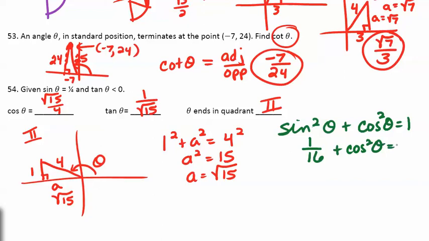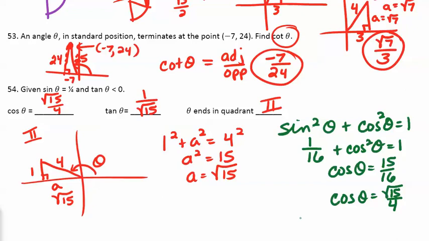So do you see what I mean? That we're going to come up with, for the cosine, 1 minus 1/16 is 15/16, and the cosine of theta turns out to be the square root of 15 over 4. So, did we do the same thing whether we did Pythagorean theorem or whether we did a Pythagorean identity? Sure. Do you see that the arithmetic is exactly the same?